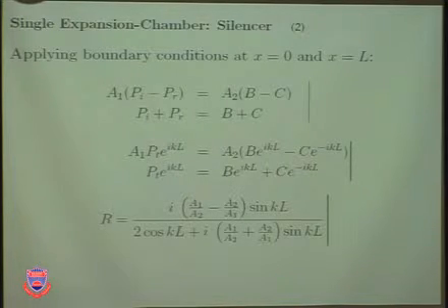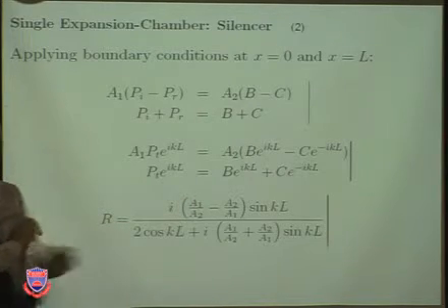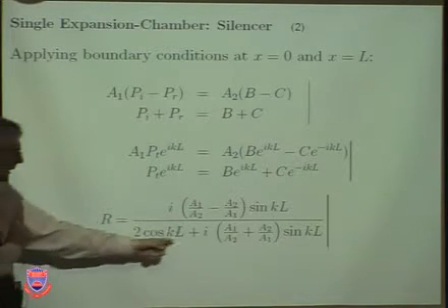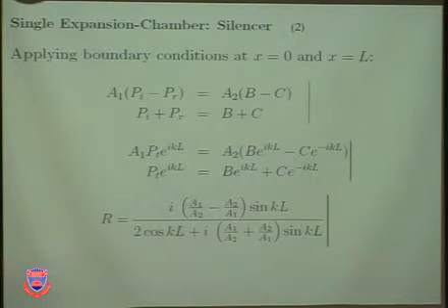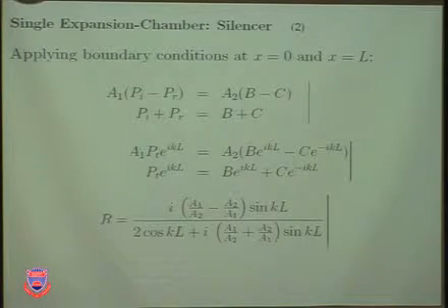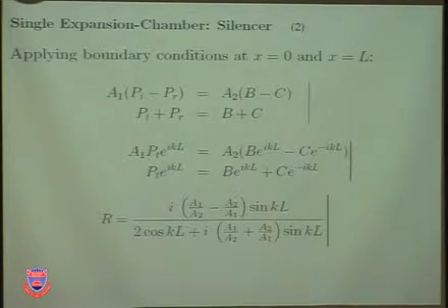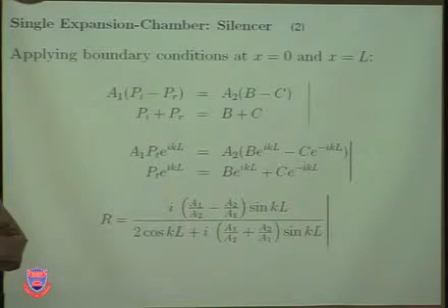The reflection coefficient has basically two parameters. What are the two parameters? Area ratio and kL. Okay? Now, if you take a look at this, you can make reflection 0.